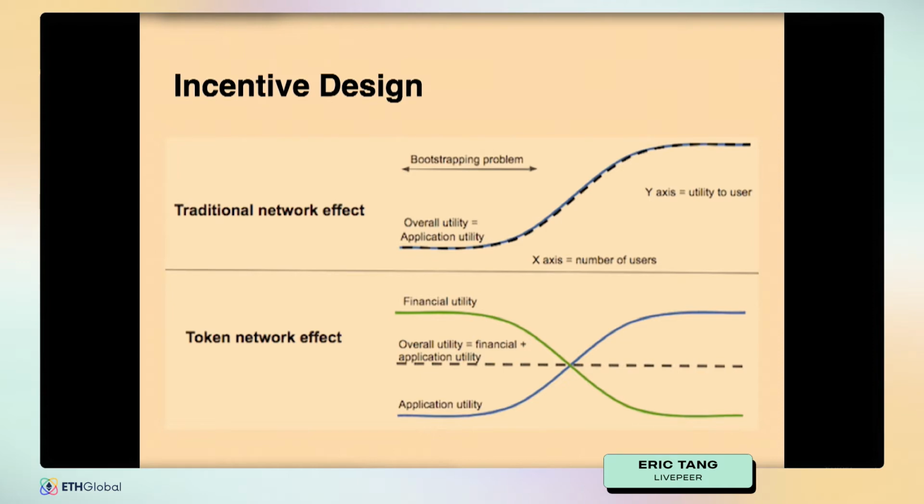So in the early phase, when there's not a lot of users, we now have a way to create financial incentives for people to participate in the applications that help us smooth out that demand curve. And over time, you have the financial utility and the application utility cross that helps you get to network effect a lot faster and in a much smoother curve and much less costly for the application developers.